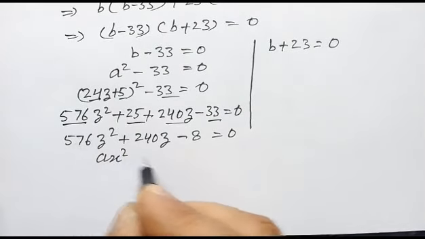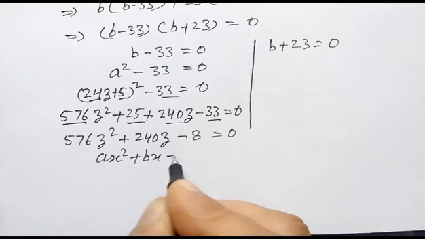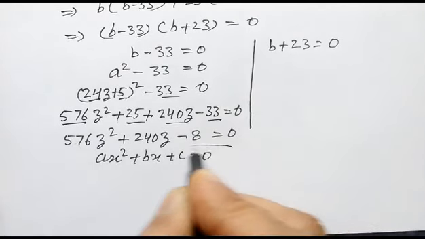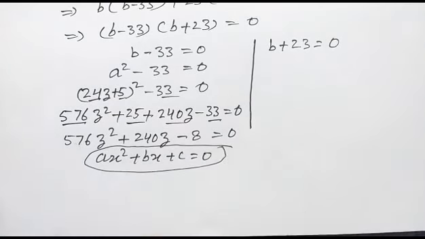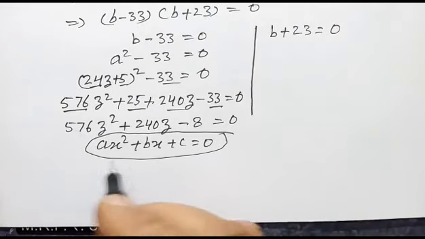This is the quadratic form of the equation ax square plus bx plus c is equal to 0, right?